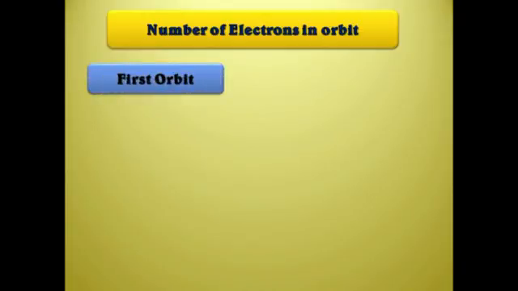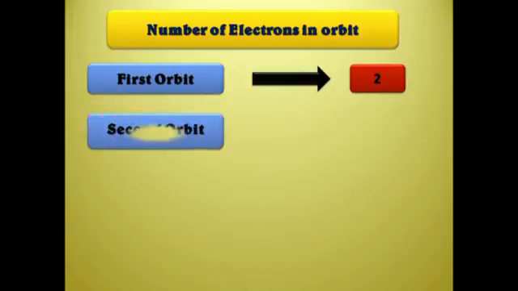Friends, we see the maximum number of electrons in a particular orbit. The maximum number of electrons in the first orbit is 2. In the second orbit, the maximum number of electrons is 8.